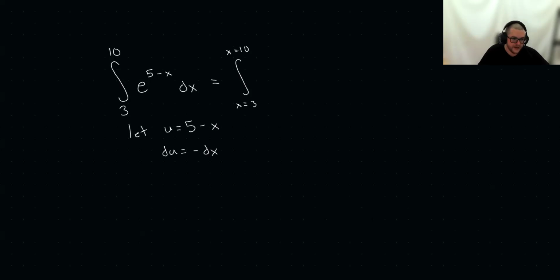You can do that, or you can change the bounds into the u bounds. So we say, if x is 3, then u is 2. And if x is 10, then u is -5. Yes, right?